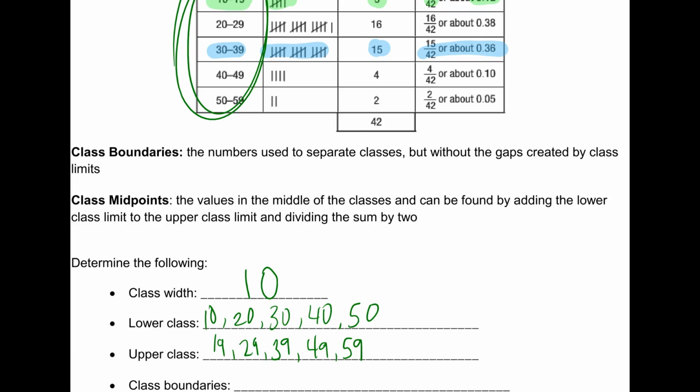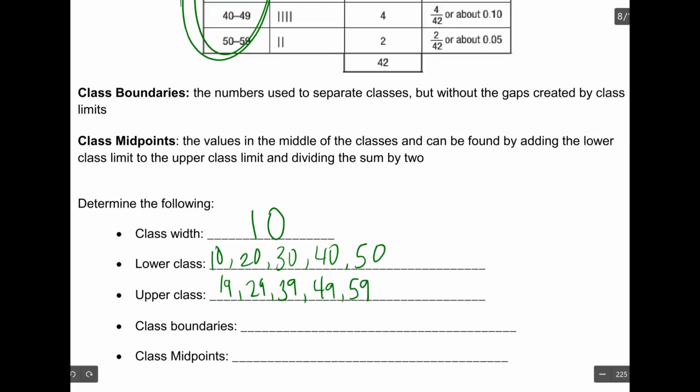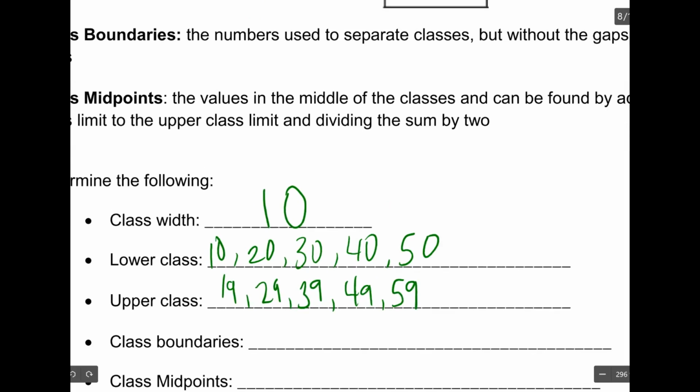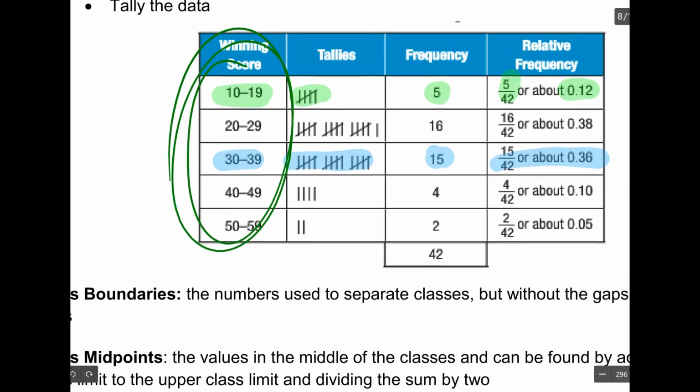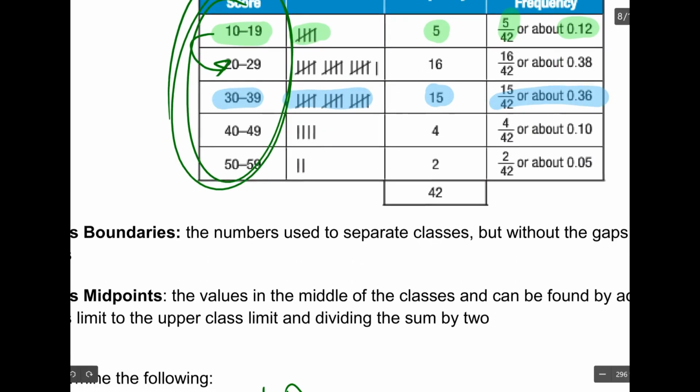The class boundaries. Okay, so how do I know when I'm going from one class to another? So here, football scores, you can't really have half of a point. But at what point am I going from the first class to the next? What's the tipping point? Here's a better idea.